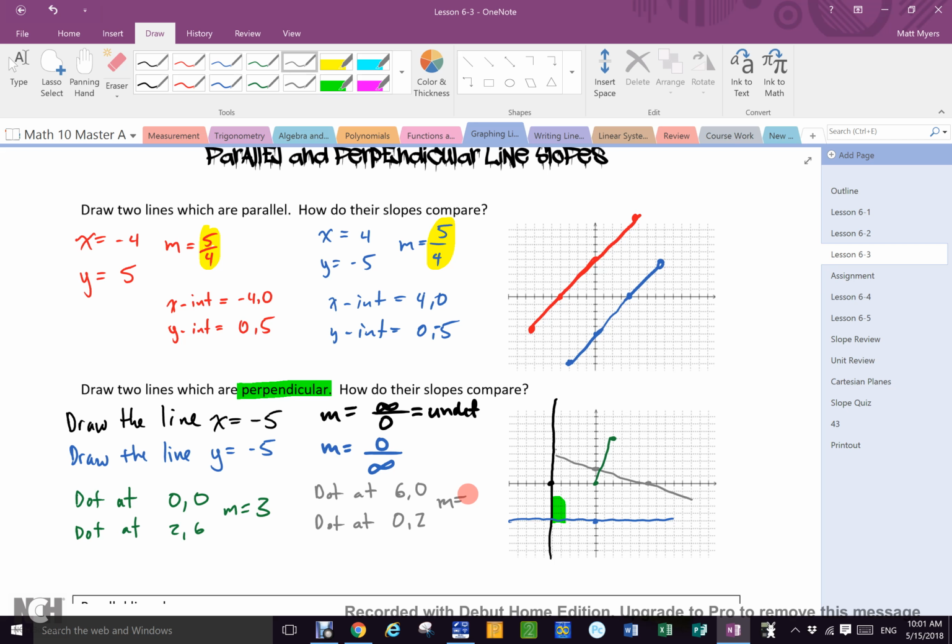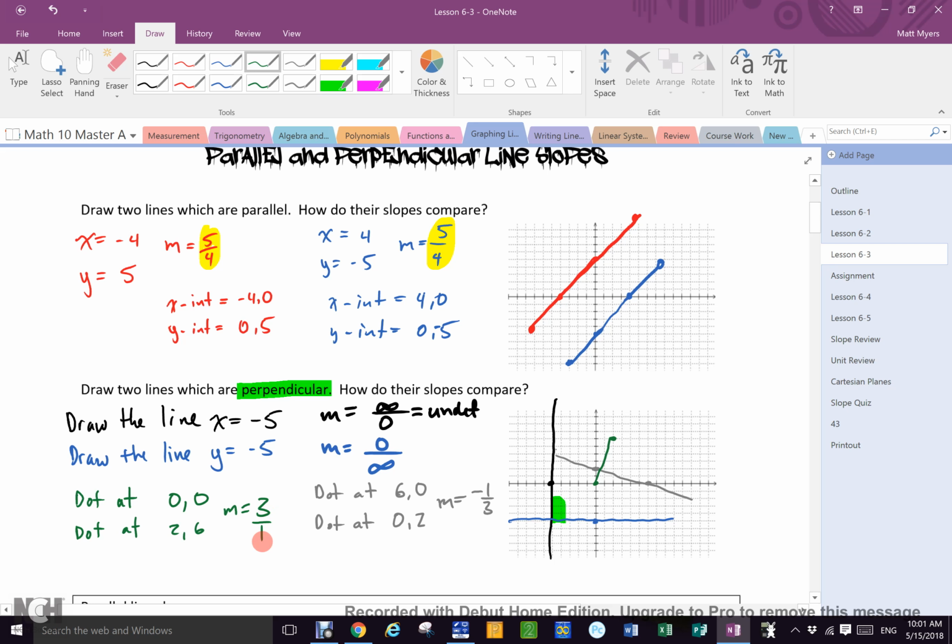Nobody can tell me gray guy's slope? Negative 1/3. What is the green slope really? How should we really write the green slope, to be a rise over run like it's supposed to be? 3/1.